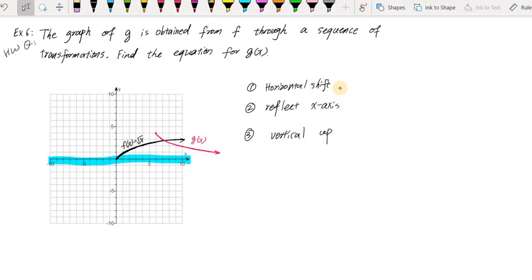They really give you the basic graph. They're not giving you a complicated c or 1/2 you have to deal with. So for this type of question, you don't have to worry about stretching or shrinking. That's why I just write the first one as horizontal shift, then reflecting, and then vertical shifting. Anyway, let's take a look at what's going on.